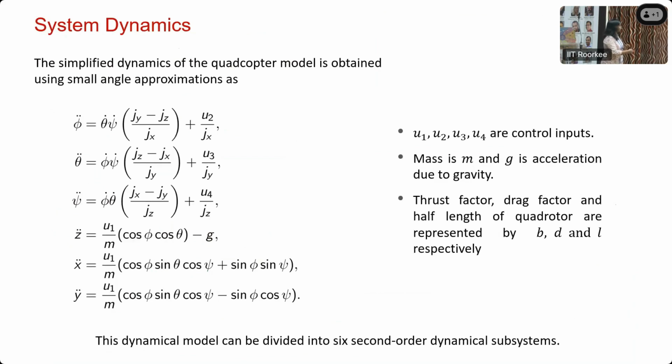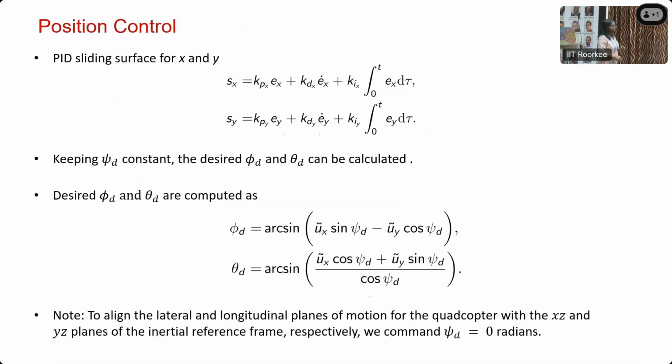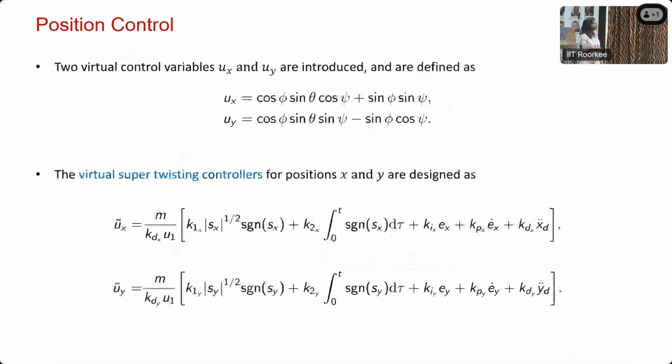So if you look at the expression of the control input which we have obtained, as I told, this is the ux and uy, and these are also control inputs based on super twisting sliding mode control. So these are the virtual controls. So using these virtual controls, we can find the desired phi and theta, which will be controlled using U2 and U3, which we have already seen. So this is the basic design step of the super twisting based sliding mode control for a quadrotor, both attitude and altitude control.